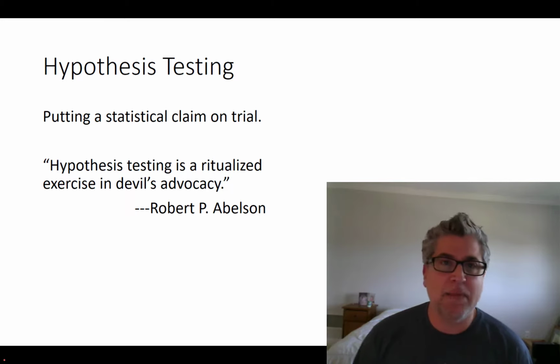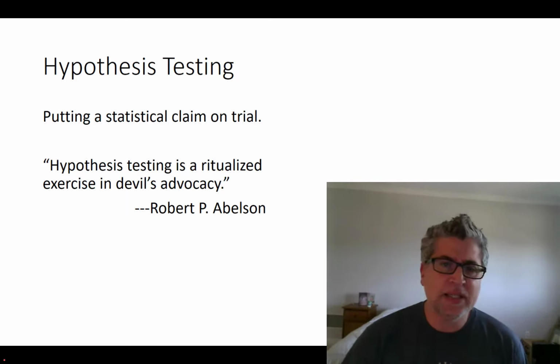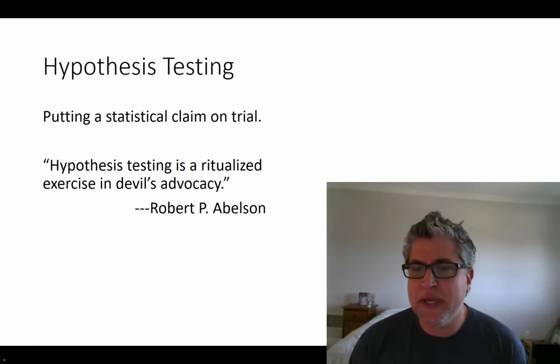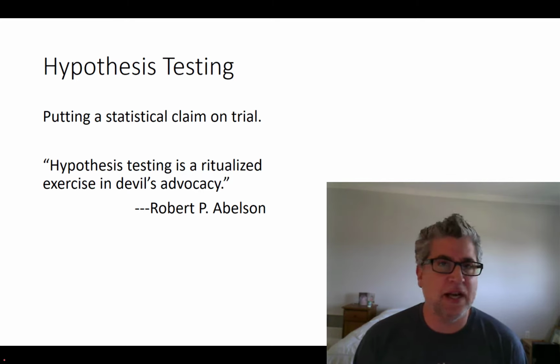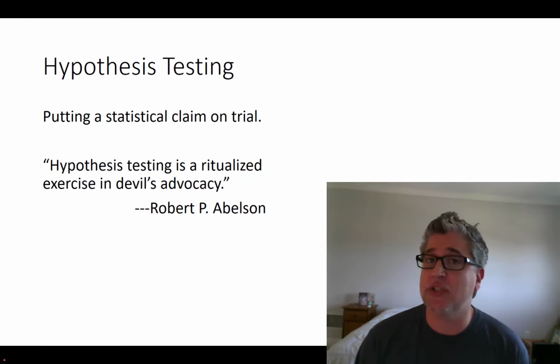Somebody might make that claim and you want to test that claim. And the key insight, I think, for hypothesis testing is that this is going to be an exercise in devil's advocacy. What we're going to do is just accept that claim on a very tentative basis and say, all right, let's just presume that what you claim is true.